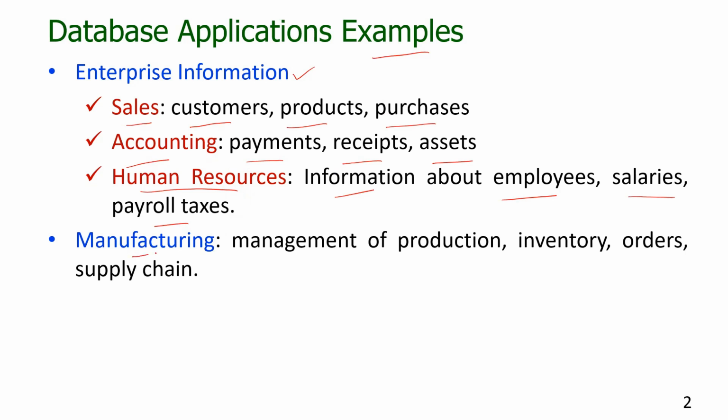If we consider manufacturing, what type of information does it contain? Management of production, inventory, orders, and supply chain. These are the various factors involved in manufacturing.